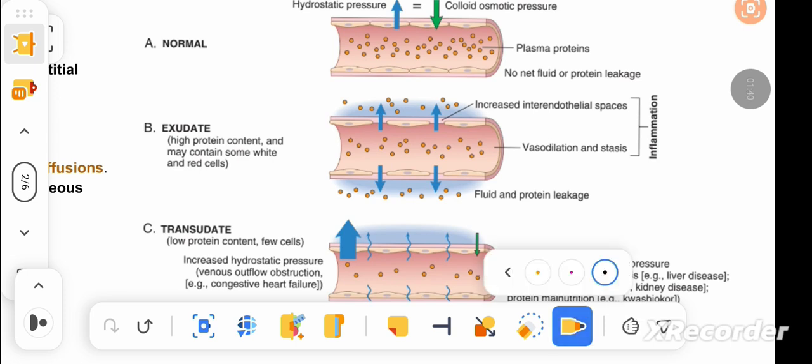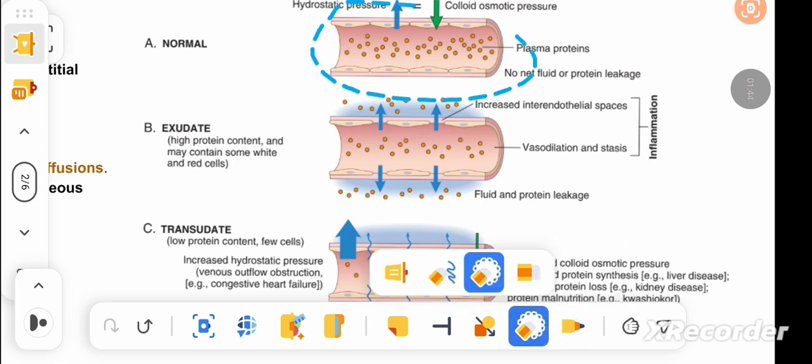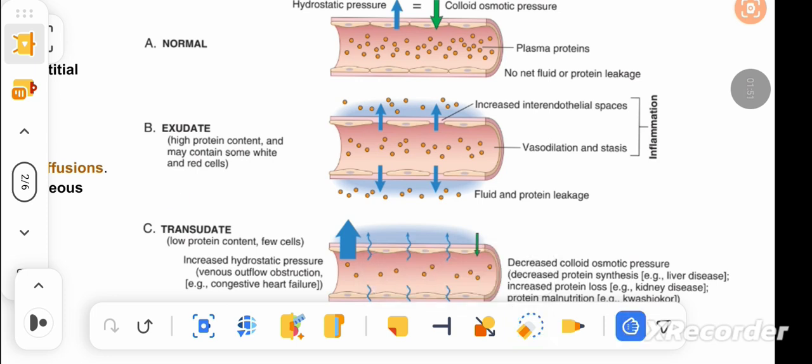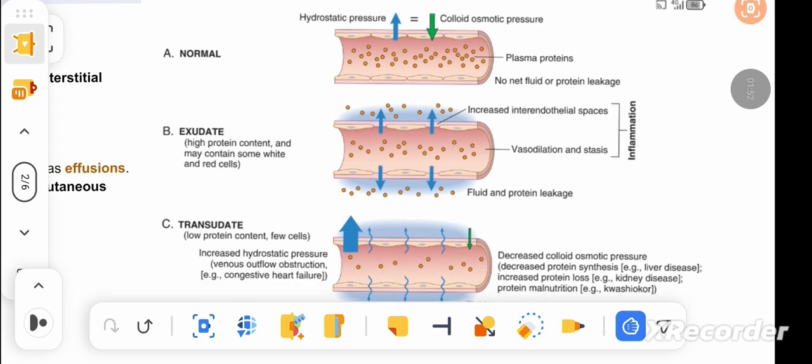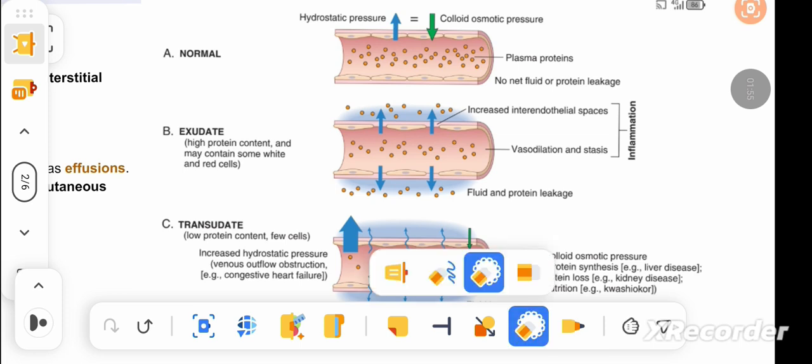So on this diagram here, you can see we have a normal blood vessel there. Okay, so in a normal blood vessel, we have two forces, or let's say pressures, which maintain the fluids inside the blood vessel. So we have what we call hydrostatic pressure and colloid osmotic pressure.